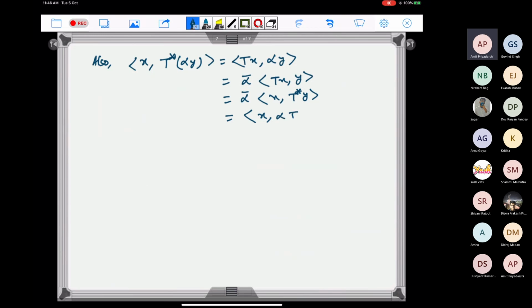So this will be alpha times t star of y. So this will imply t star of alpha y is equal to alpha times t star y. So therefore this t star is linear.